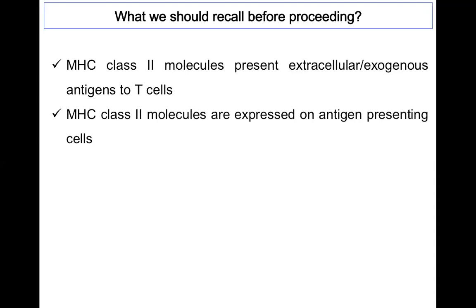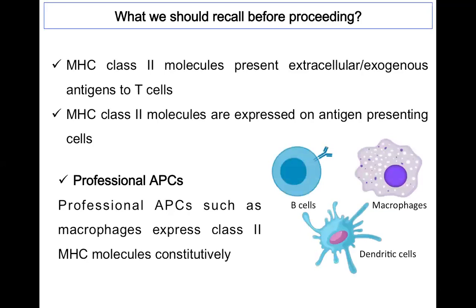These antigen presenting cells are also known as APCs, and we categorize them into two groups: non-professional APCs and professional APCs. The professional APCs, such as macrophages, express class 2 MHC molecules constitutively. Examples of professional APCs, which we are going to talk about in detail in today's lecture, are B cells, macrophages, and dendritic cells.